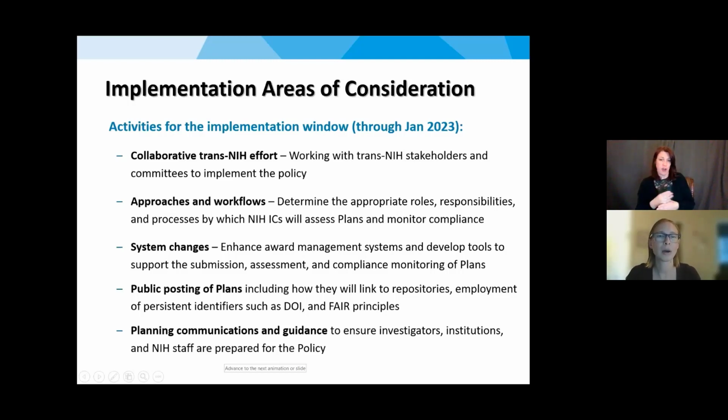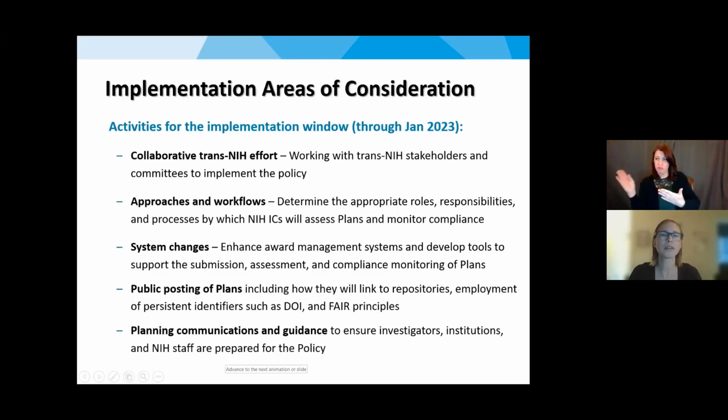And again, since the policy allows for non-compliance with the approved plan to affect future funding, monitoring institutional compliance will be important. All of this certainly involves system changes, so we are working to define those requirements for enhancing our award management systems and developing tools both for the community and NIH to support the entire process, from submission of plans to the programmatic assessment, all the way through monitoring for compliance with the plans that were approved and updated as things change.